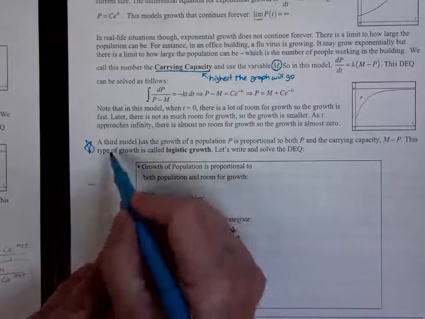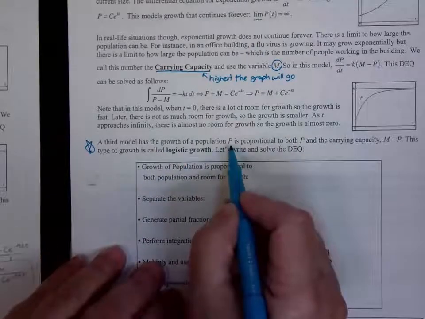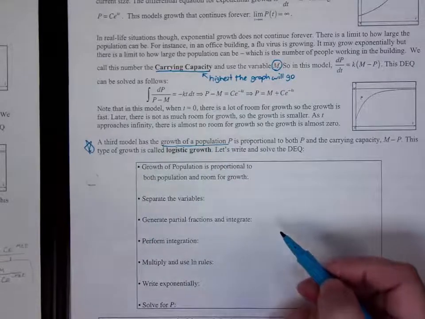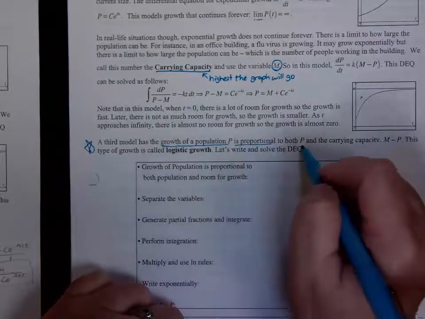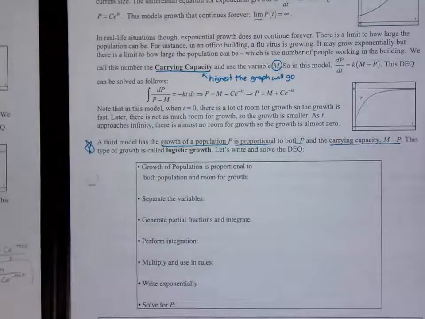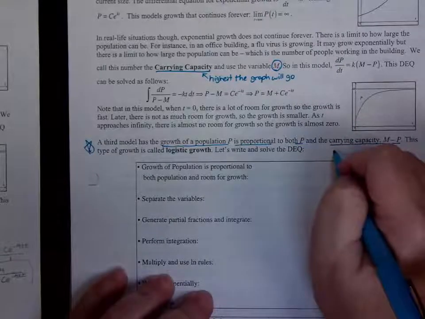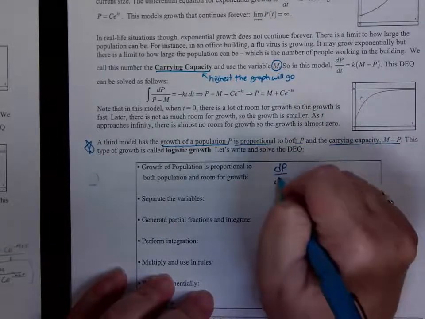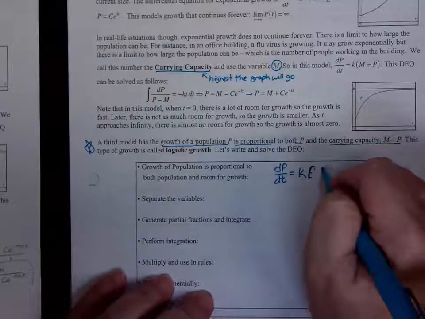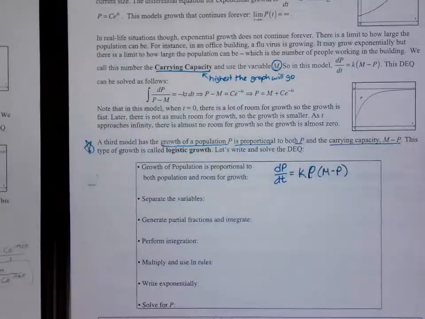It says a third model has the growth of a population P, which is dP/dt, proportional to both P by itself and the carrying capacity M minus P. So that means the formula is dP/dt equals k times P times (M minus P). And this is the one we're going to be working with.